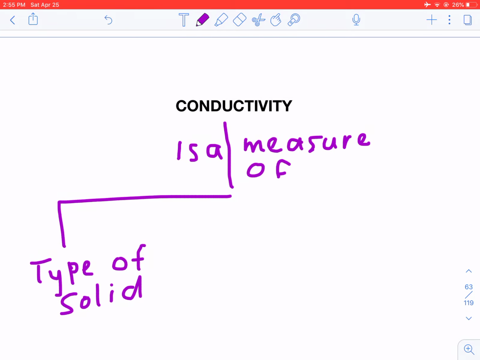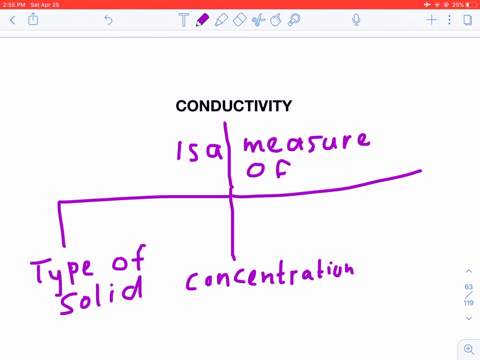It's also a measure of the concentration, as I alluded to, and it also depends on solubility.